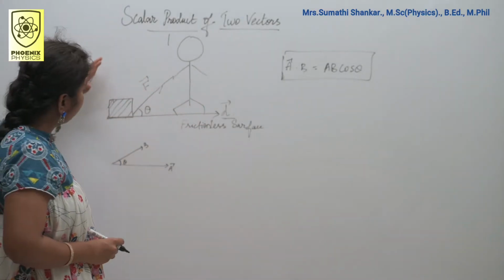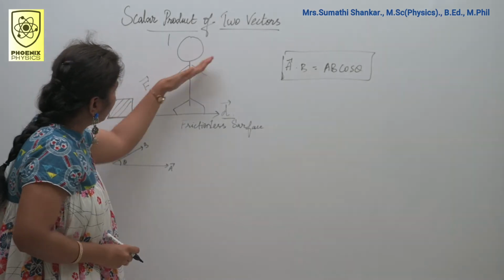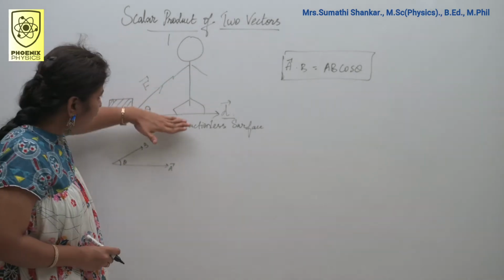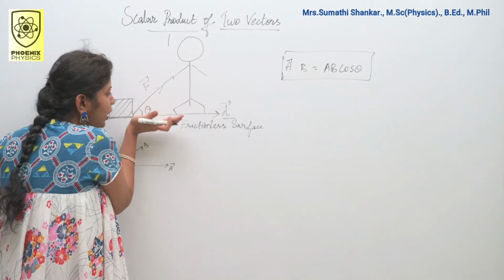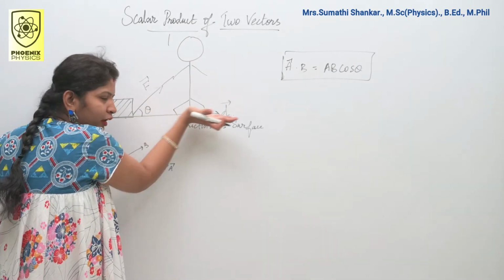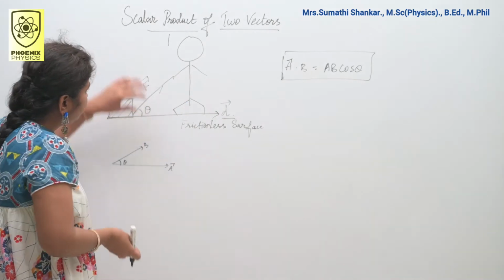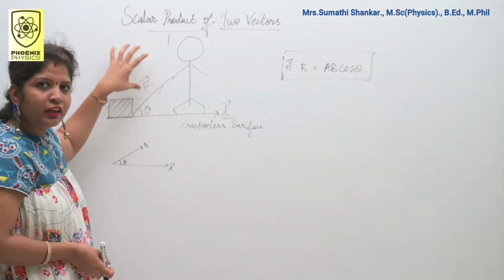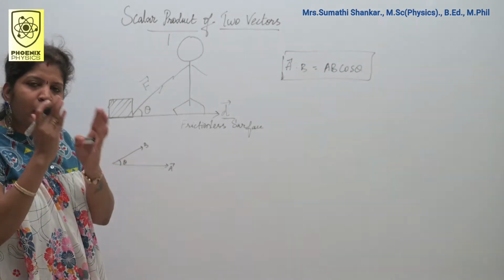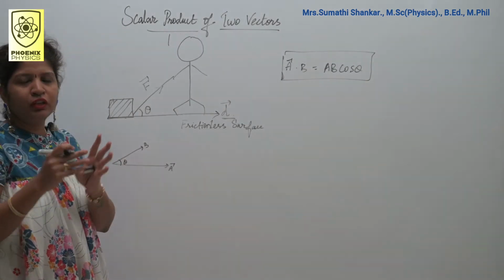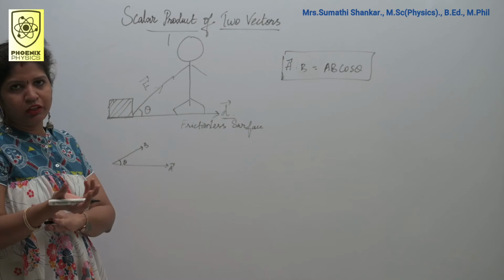Here the force acts along some direction other than this direction. The force is acting in this direction and the displacement in this direction. So the entire force does not cause the displacement. Only part of the force will give the displacement.